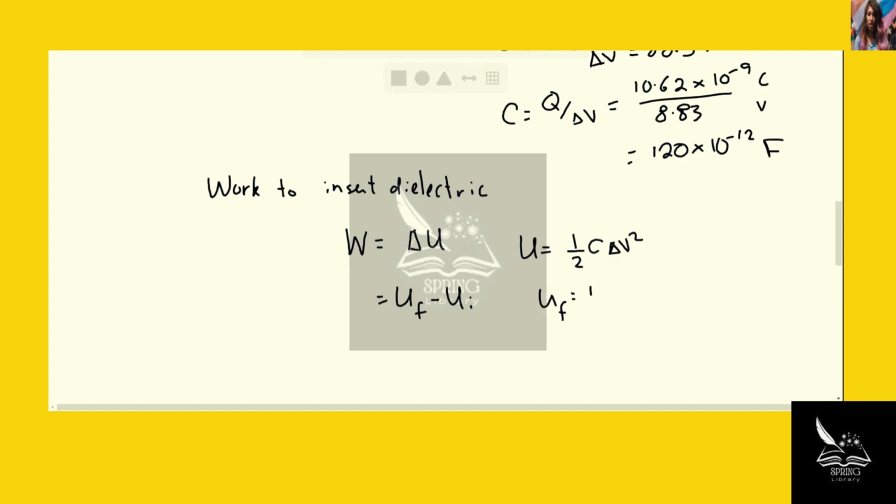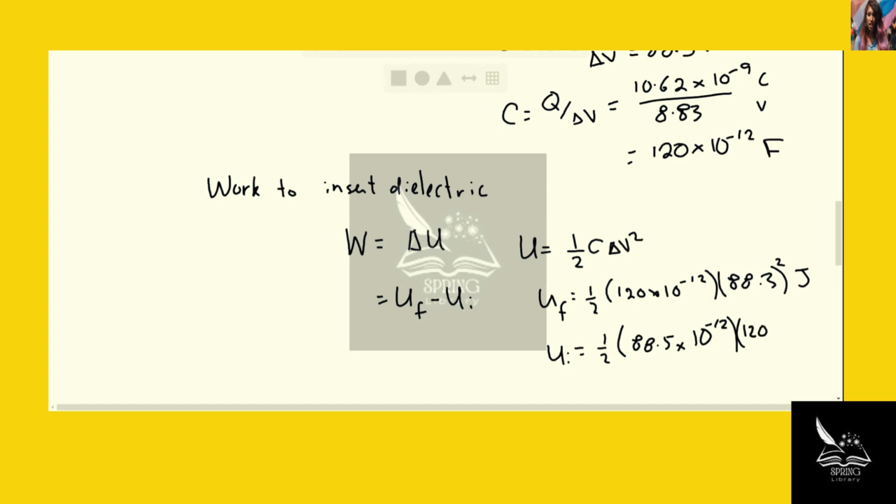And we can do that using the final capacitance, 120 picofarads, and the final voltage, which was 88.3 volts, in units of joules, and the initial amount is 1/2 times the initial capacitance, 88.5 picofarads, and 120 volts squared.